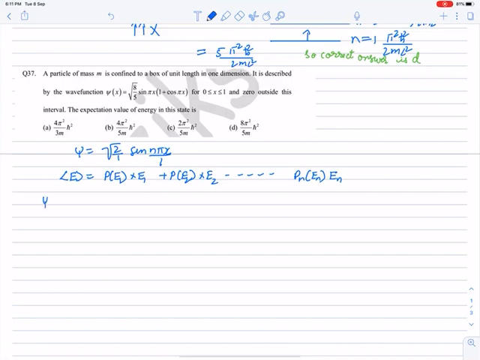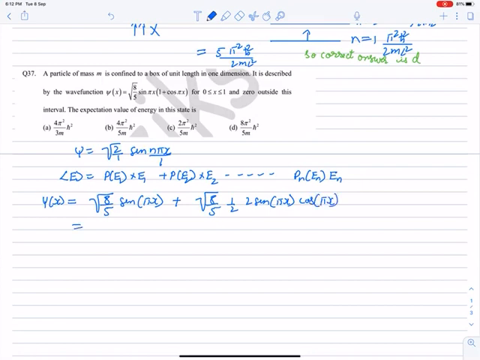So our given wave function is under root 8 by 5 sine pi x plus under root 8 by 5 1 by 2 sine pi x cos pi x.